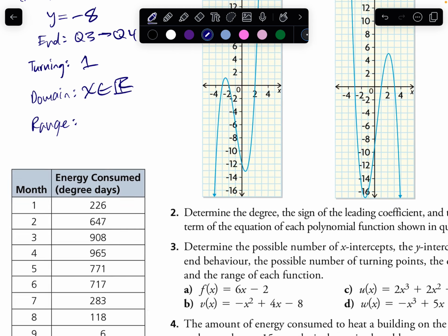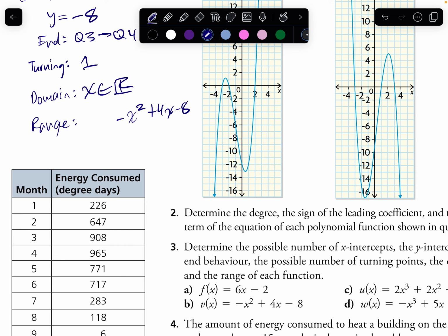So if we have negative x squared plus 4x minus 8, you can go 8 and 4. You can just use the quadratic formula. Oh, actually, okay, there's going to be no x-intercepts because that turns negative. So then you do just have to do this.